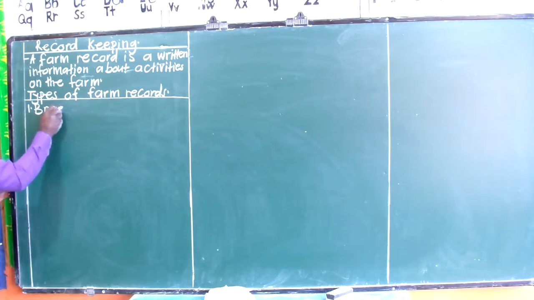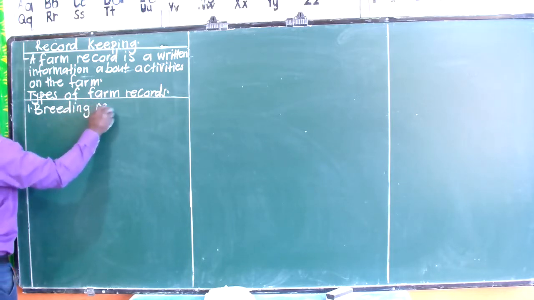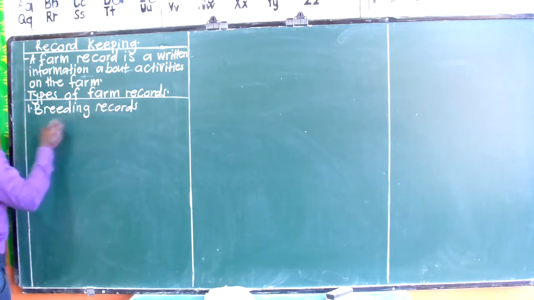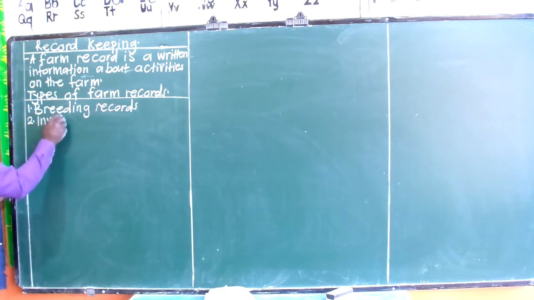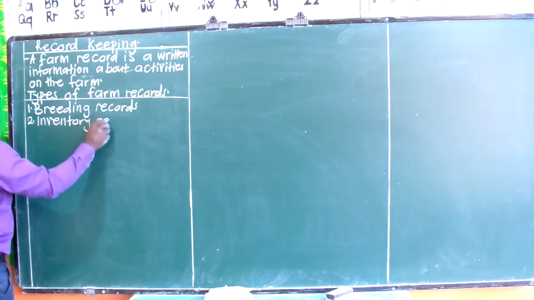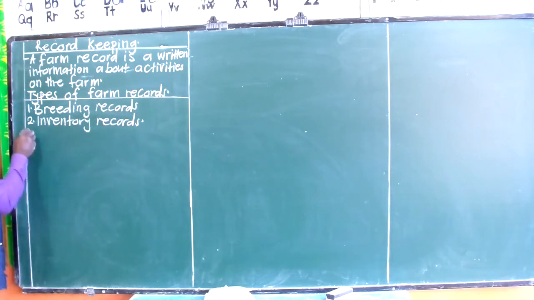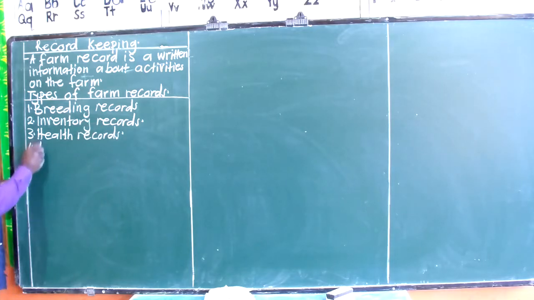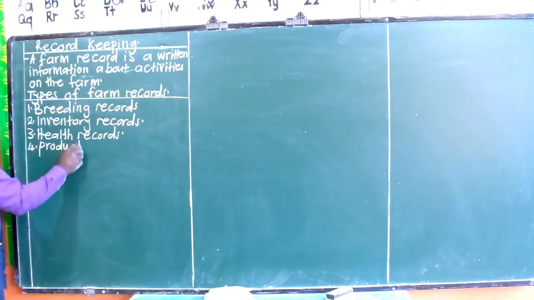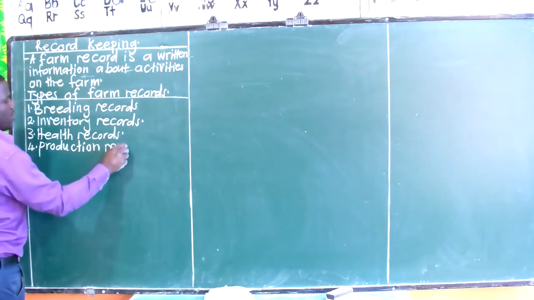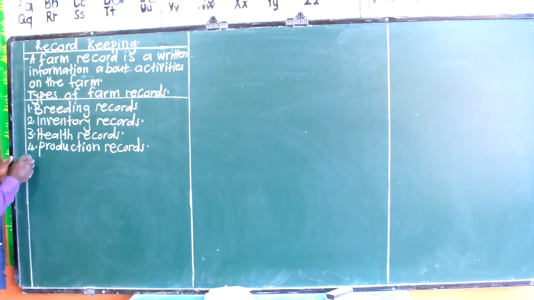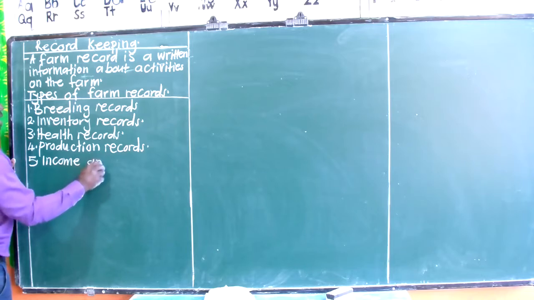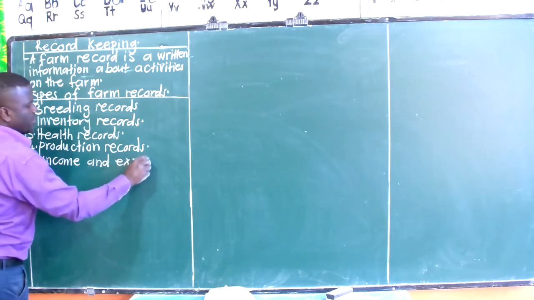We have breeding records, inventory records, health records, production records, income and expenditure records.